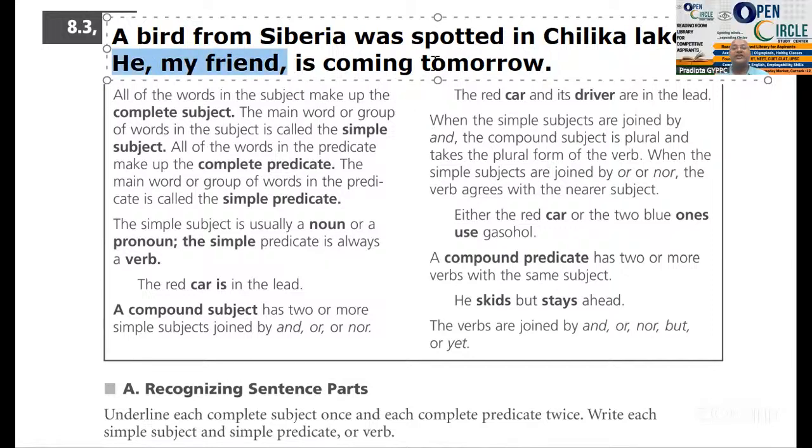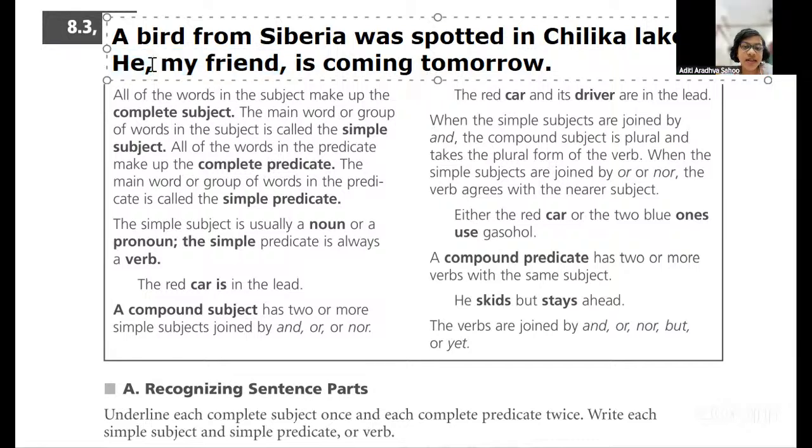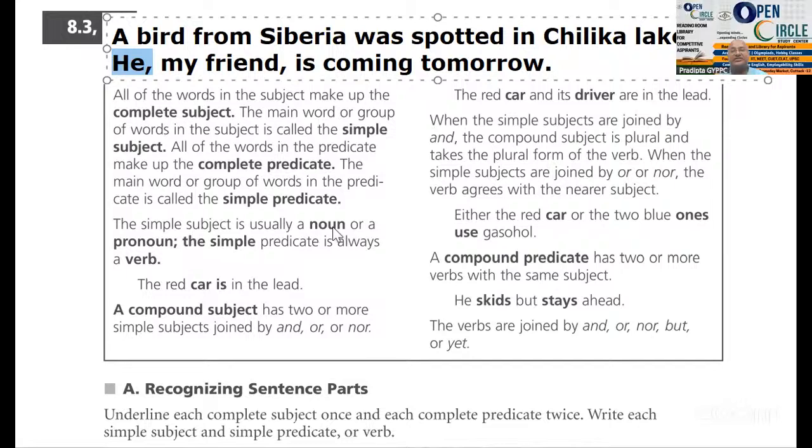Now, out of that, what is the simple subject? So the simple subject is he. It is a noun or pronoun? Sir, pronoun. I hope now you understand this. So a simple subject is usually a noun or a pronoun, while simple predicate is always a verb. Always a verb. Now look at the next sentence.